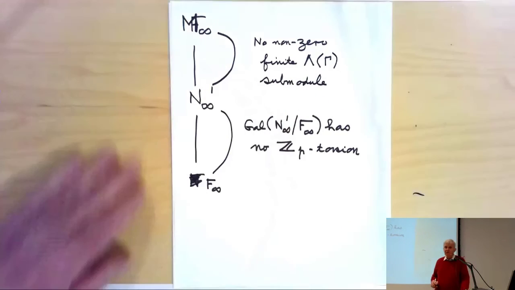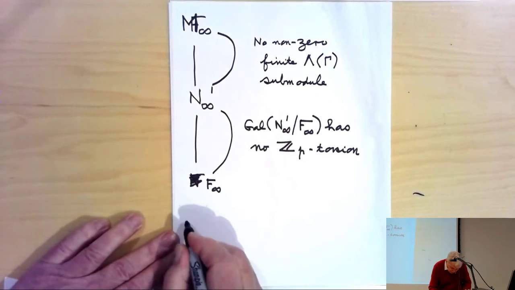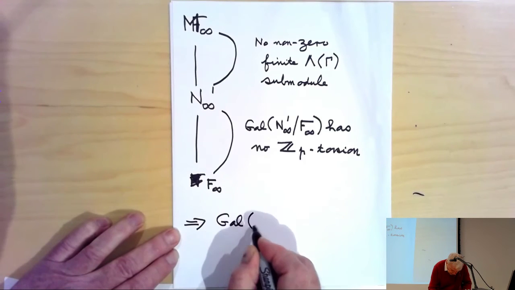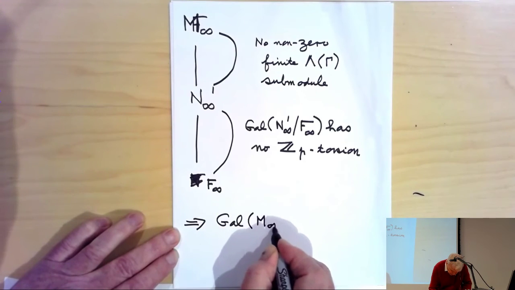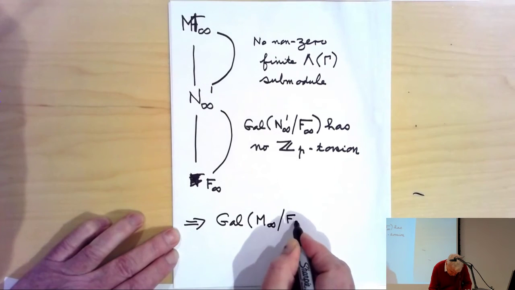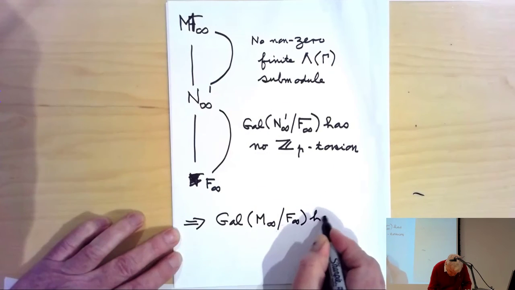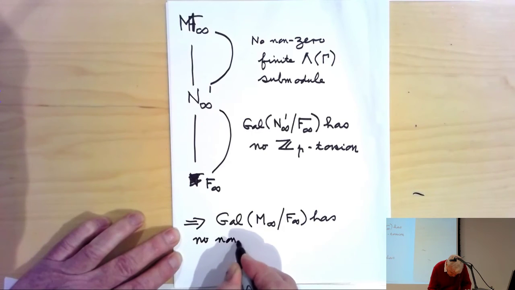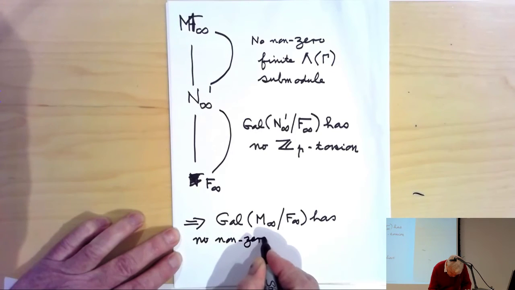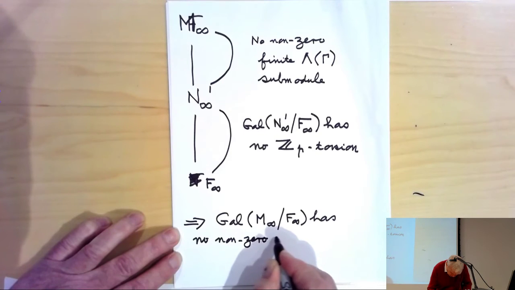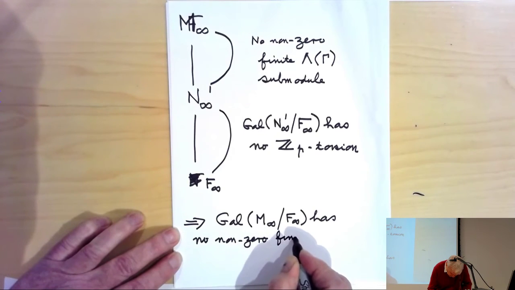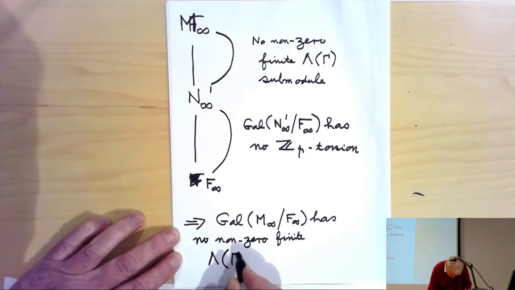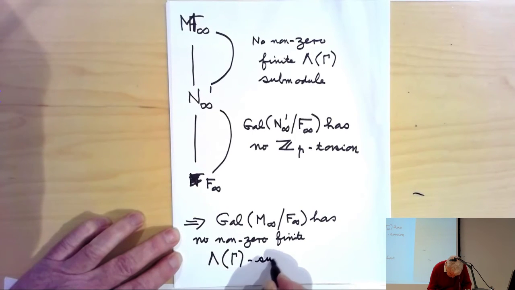So the two facts together imply that the Galois group of M infinity over F infinity has no non-zero finite lambda gamma submodule.